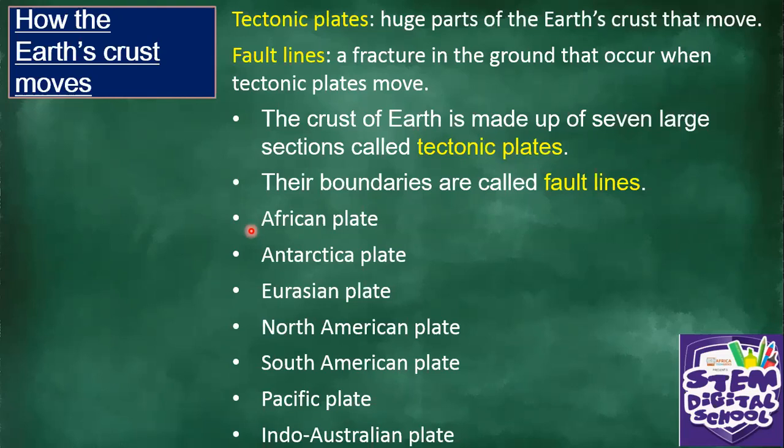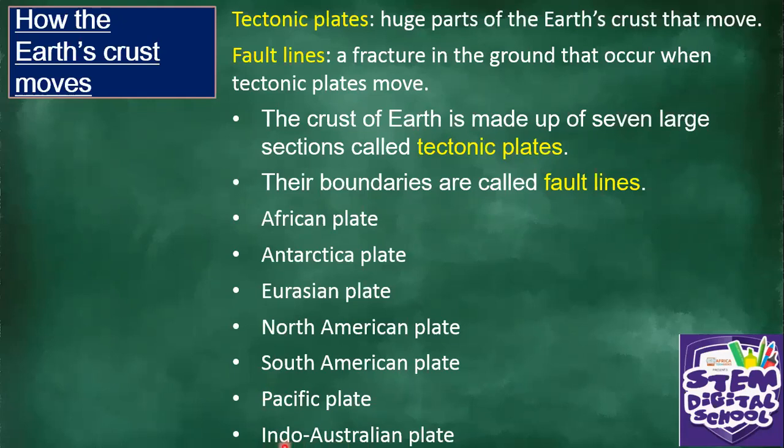We have the African plate, Antarctica plate, Eurasian plate, so it's a combination of Europe and Asia, North American plate, South American plate, Pacific plate, and Indo-Australian plate.